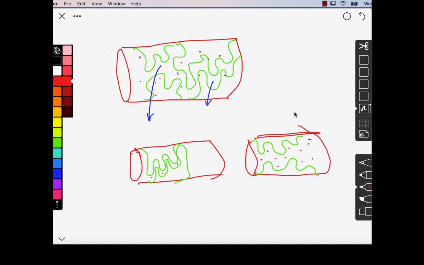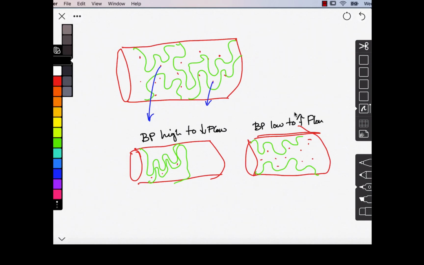Now, it's not as dramatic as what I've drawn here, but I do want you to get this idea that these podocytes are involved in changing the amount of flow that's going through.